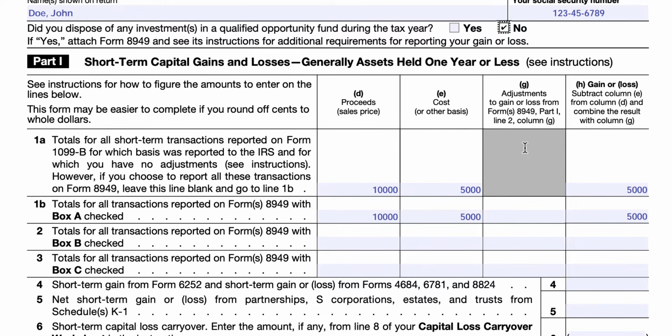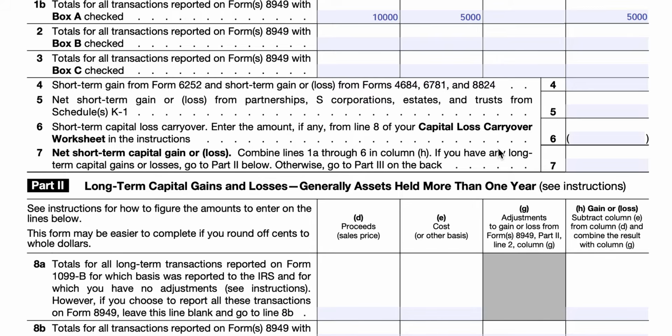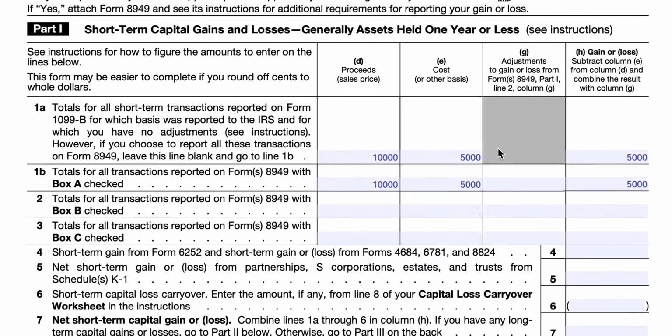A lot of people ask, if I held an investment exactly a year, would it be short-term or long-term? The answer is short-term. If you held it for 366 days, 1 year plus 1 day, then you would report it as a long-term capital gain or loss.